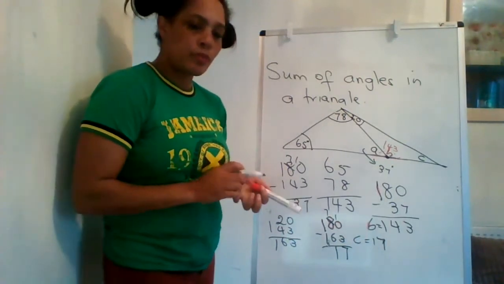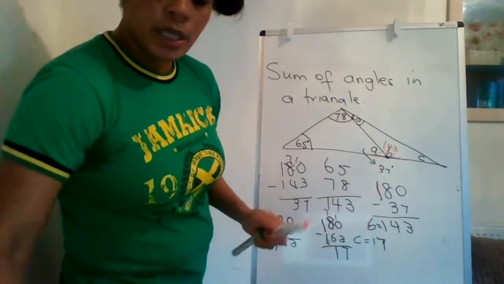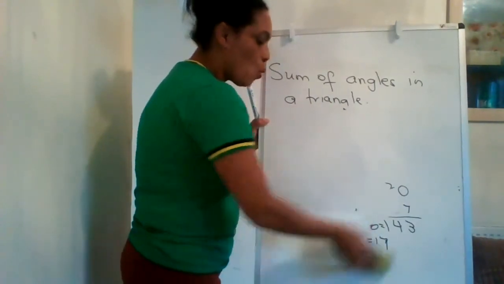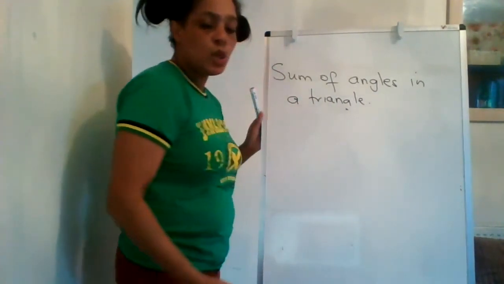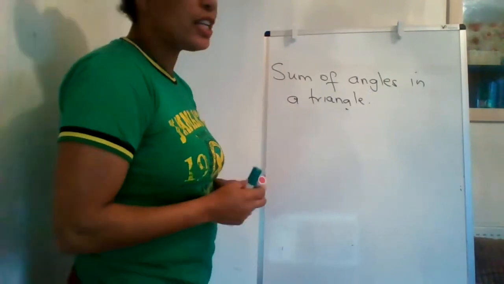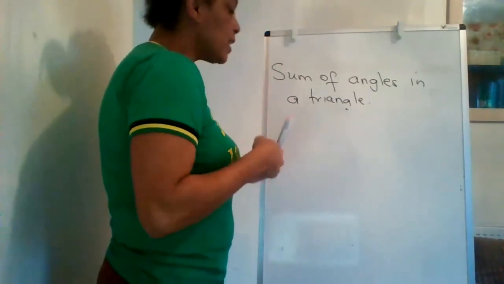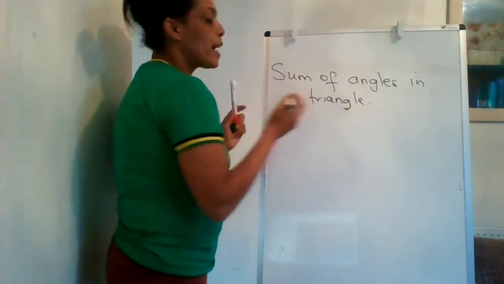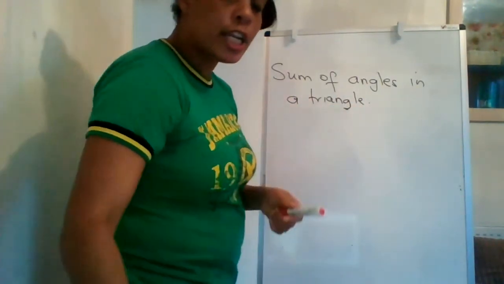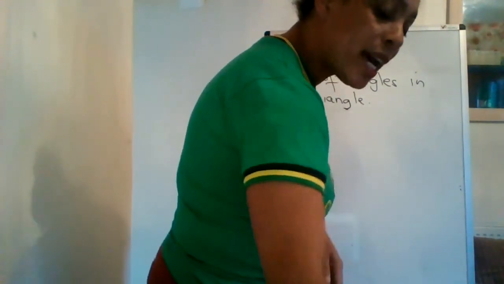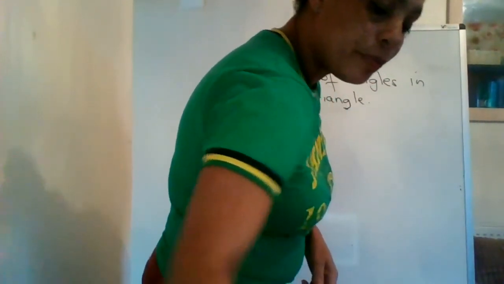Okay. So let's just do a quick recap. What were we looking at in this lesson? We were looking at angles in a triangle, and we were specifically looking at angles in a scalene triangle. A scalene triangle is one in which all angles and all sides are different.